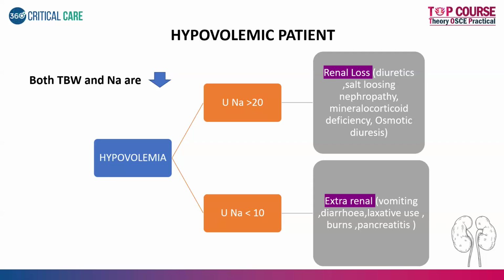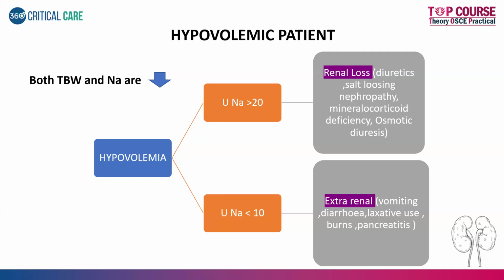Probably the patient is on diuretic therapy, like in our case which I've taken earlier. The patient was on diuretics. Because of diuretics, probably the patient might have lost some volume, and that might have caused hypovolemia-induced hyponatremia. The patient might have salt-losing nephropathy. The patient can have a mineralocorticoid deficiency, or in any case can even have osmotic diuresis.